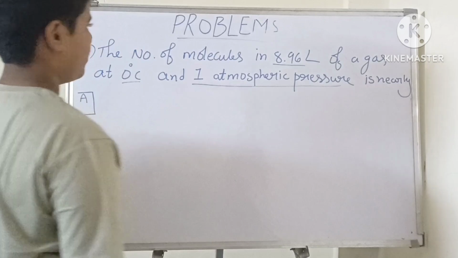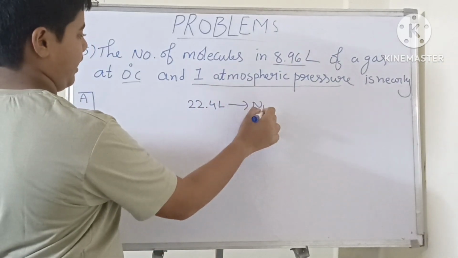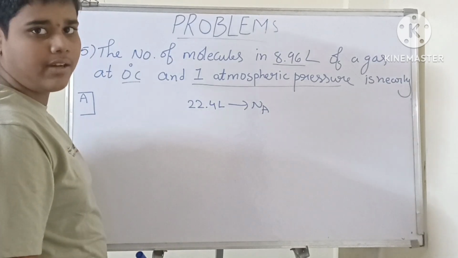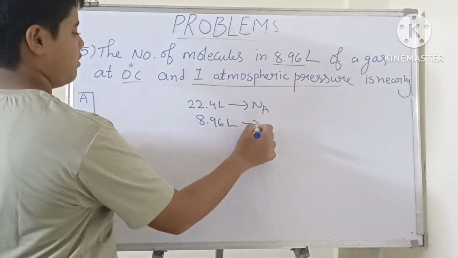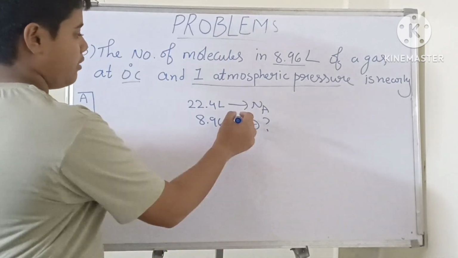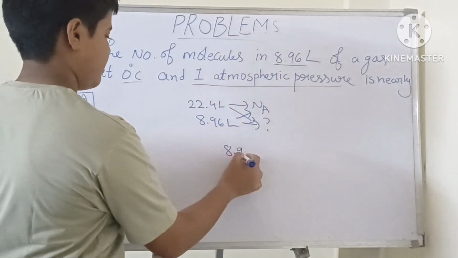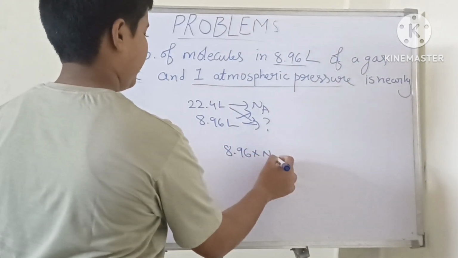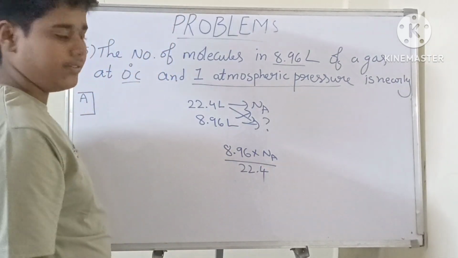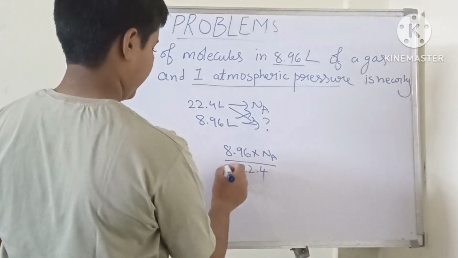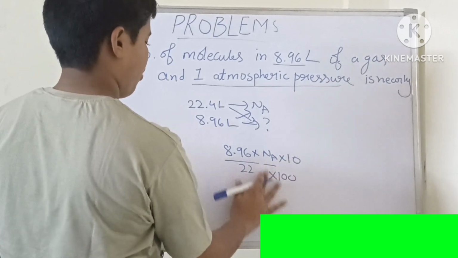And here 22.4 liters have NA molecules. NA means Avogadro number of molecules. And 8.96 liters have how many molecules? So we have to do cross multiplication. Okay. So here 8.96 into NA by 22.4 liters. Here I am multiplying by 100 and by 10 because of removing points.